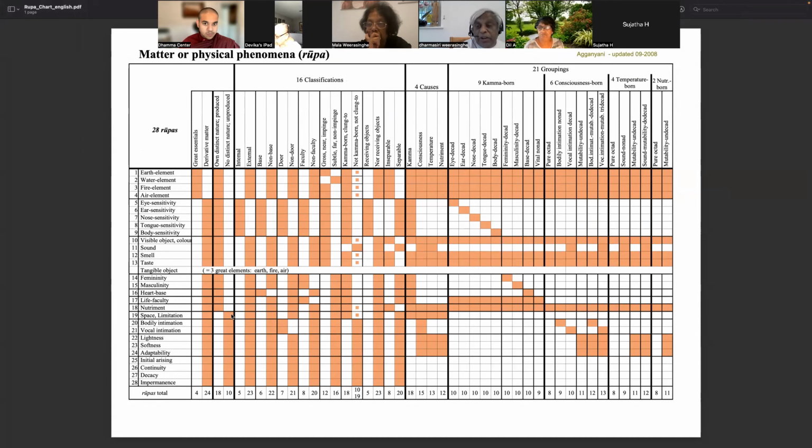In some of the books they say that they don't consider Akasa as an individual Rupa, but as a result of other Rupa. Yes, but let us not go there, Damsiri.